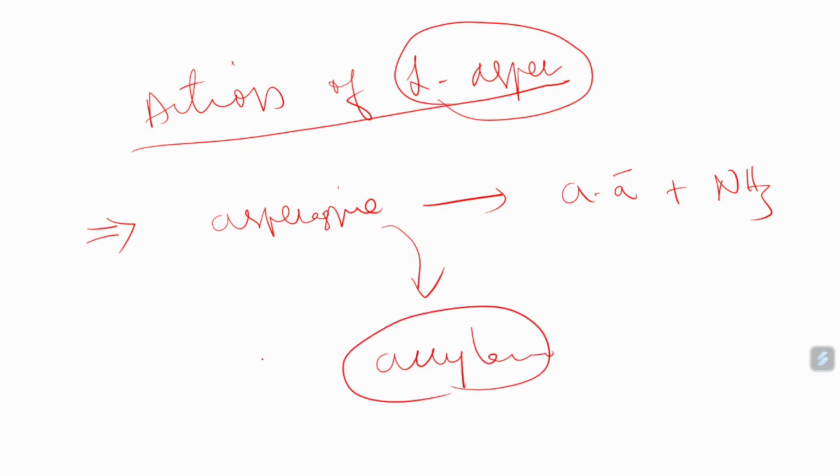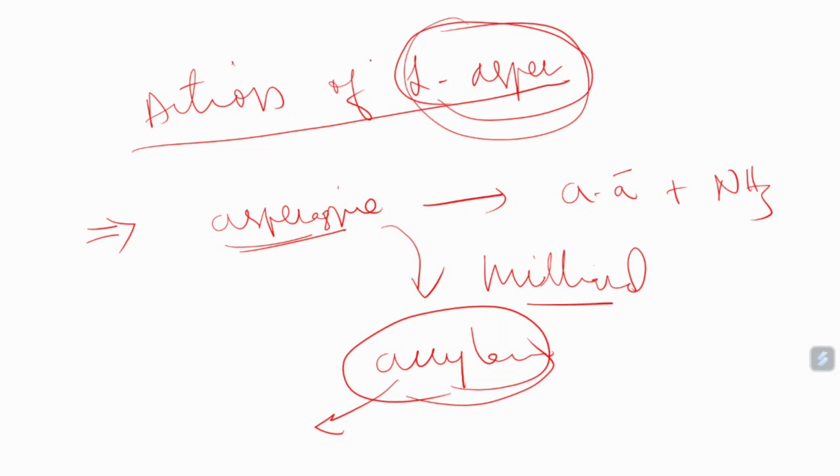That's why in food industries we use this enzyme to bypass this conversion. Actually, the conversion of asparagine into acrylamide is the Maillard reaction. Okay, this Maillard reaction is the reaction in which the asparagine amino acid is converted into acrylamide, which is the carcinogenic agent. So to bypass this Maillard reaction, we use the L-asparaginase enzyme, and this enzyme converts the asparagine amino acid into aspartate, which is very safe, and ammonia. Okay, so this is one mechanism of the L-asparaginase enzyme.